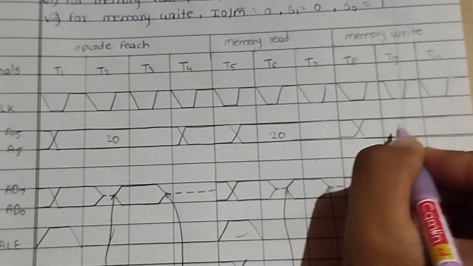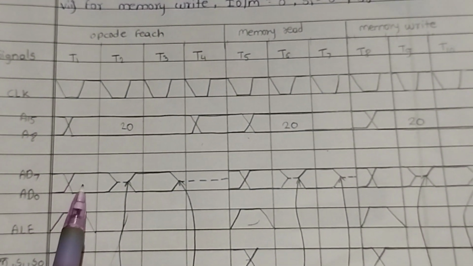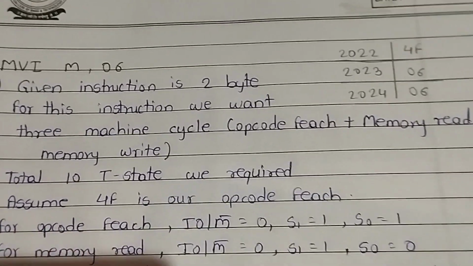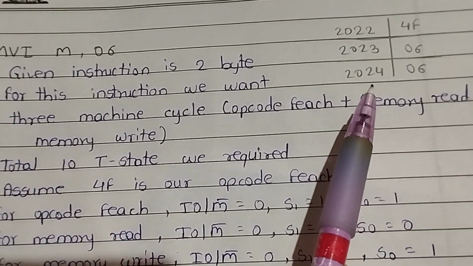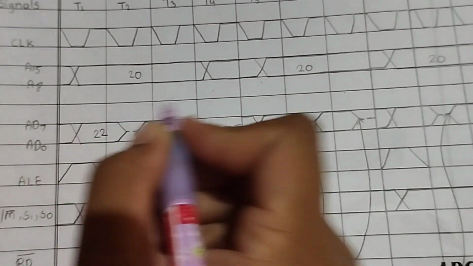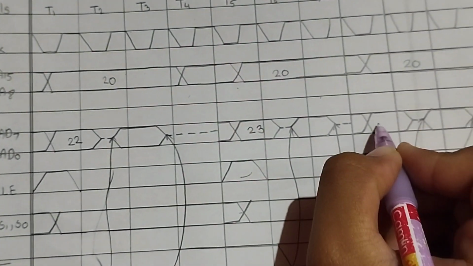Now we write the lower-order addresses, which are 22, 23 and 24: 22 for the opcode fetch, 23 for memory read and 24 for memory write.